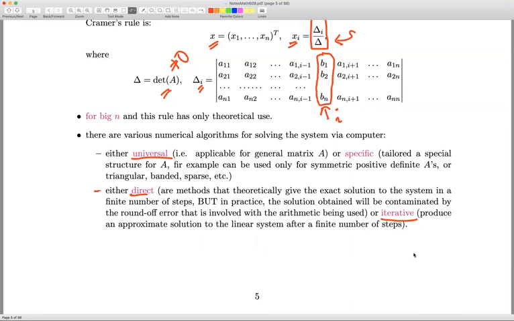However, since these methods are implemented on a computer, every time a computation is made, namely addition, subtraction, division, or multiplication, the computer is not going to perform the operation exactly. The computer will not use the real number that is the result of the corresponding computation.